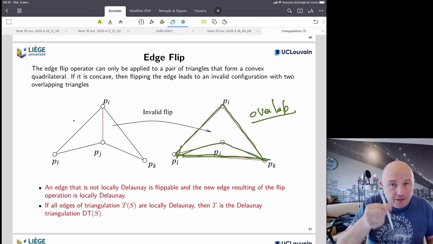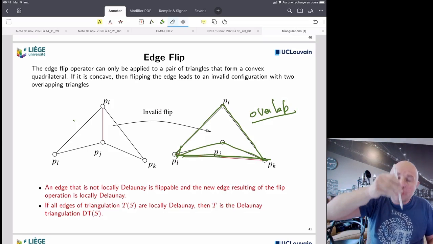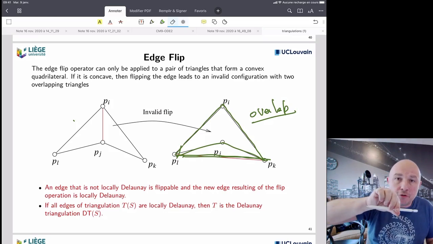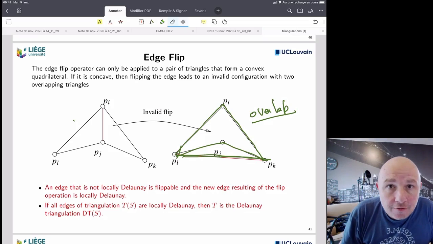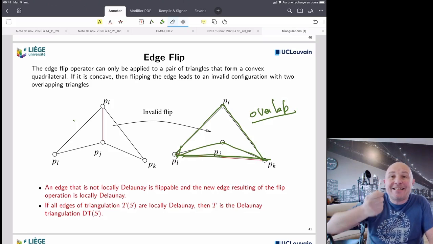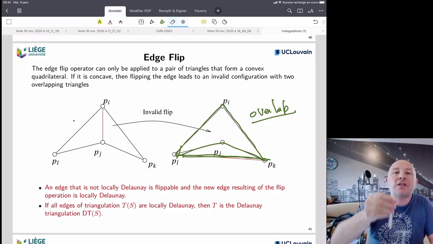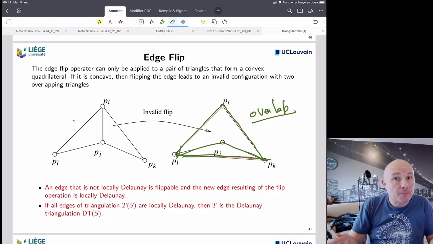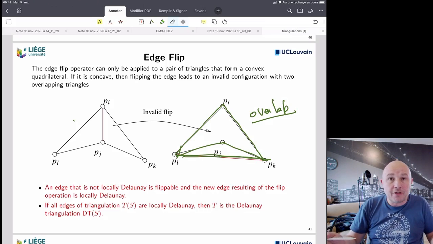When you have flipped, you change from an edge not locally Delaunay to an edge which is locally Delaunay. So the algorithm, as described, must finish, because any time you find a non-Delaunay edge, you make it a Delaunay edge. And the algorithm stops when every edge is Delaunay, which means you have the Delaunay triangulation.